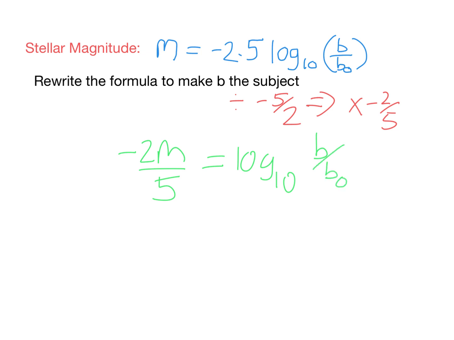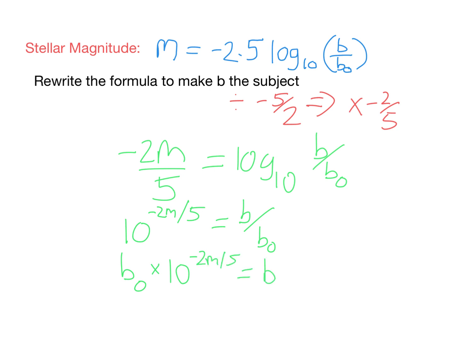So now we want to get rid of log base 10. We raise 10 to the power of each side. So I get 10 to the power of this is B over B0, and then I simply multiply each side by B0. Now I've got an equivalent formula where B is the subject, and I'm done.